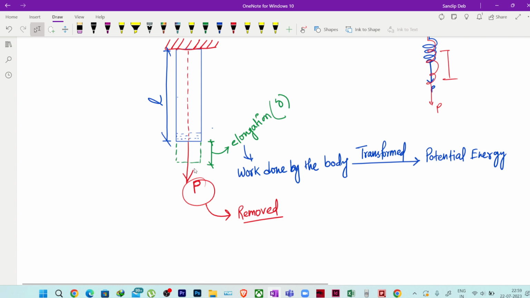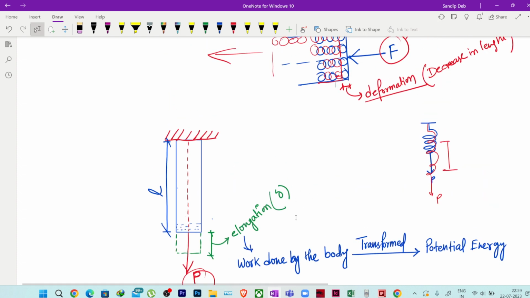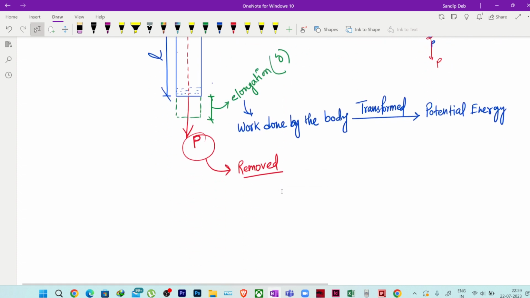Correct? So I am applying force here. It is deforming along the downward direction. I am removing the force. So what will happen? Due to the internal forces acting between the molecules, we will see some reverse deformation.